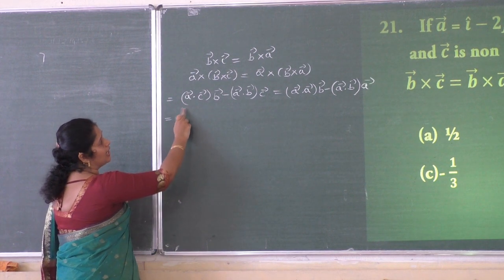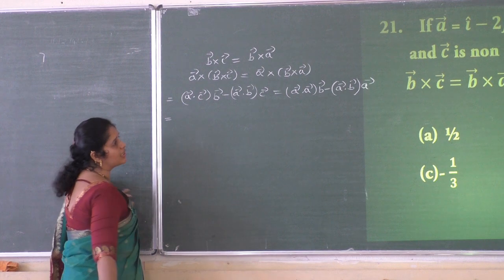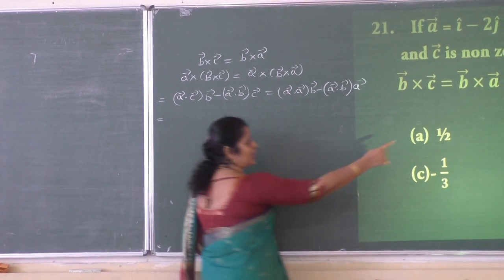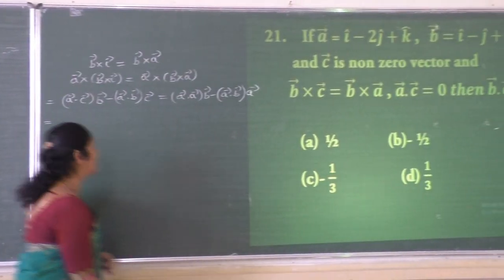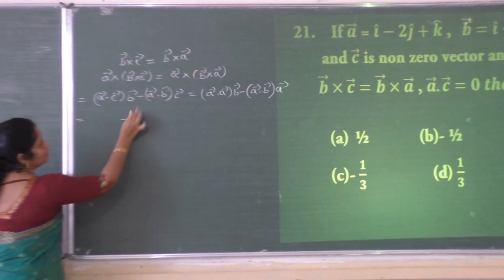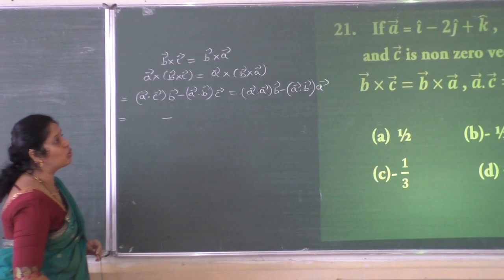Now what is vector A dot vector C? It is not given directly, but they have given that vector A dot vector C is 0. So I write 0 into vector B, which is equal to 0 only. Minus, what is vector A dot vector B?